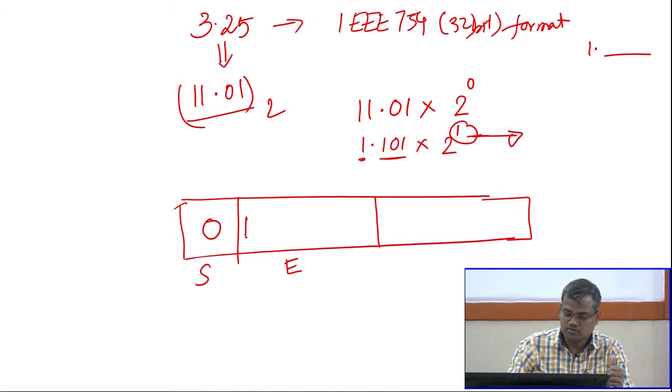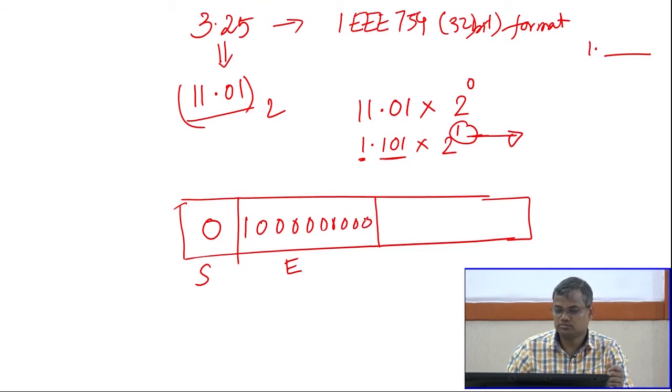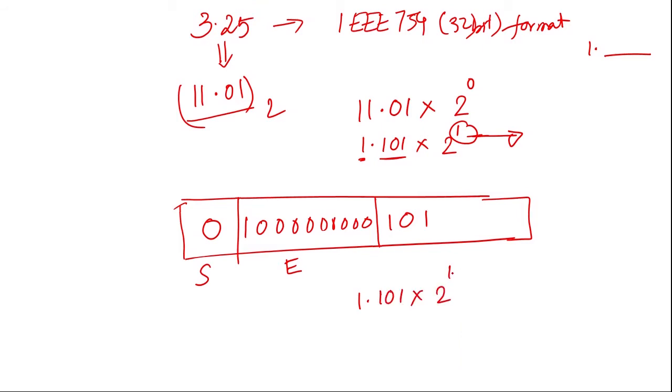So, 1 0 0 0 0 0 0 0, the rest all 0. And then the mantissa will be 101, that means 1 is implicit. So, the number will be 1.101 into 2 to the power 1 plus 127.